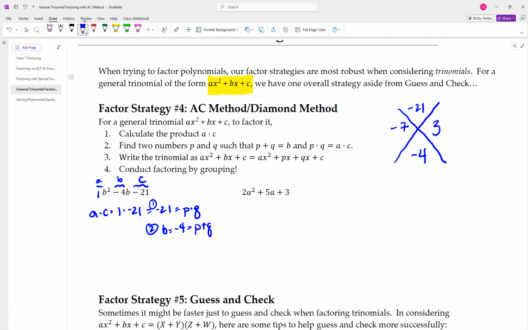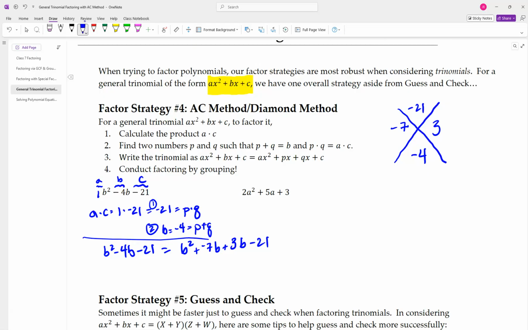So I've kind of done 1 and 2, now on to step 3. I would take b squared minus 4b minus 21 and write that as b squared, and then it says plus p, so that'd be plus a negative 7b, and then plus q, so plus 3b, and then plus c, so minus 21.